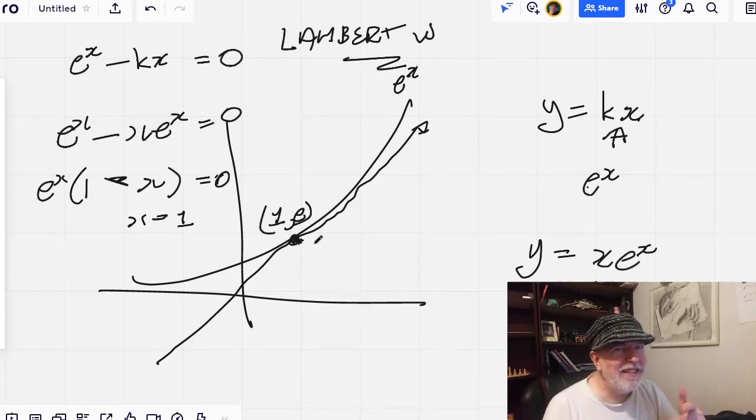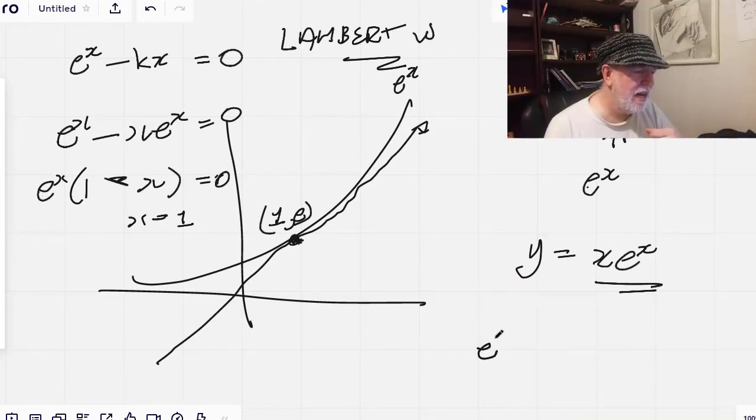Now, there is kind of another solution, because we didn't look at this factor, right? When e to the x equals 0, I'm just going to say it's never going to equal 0.